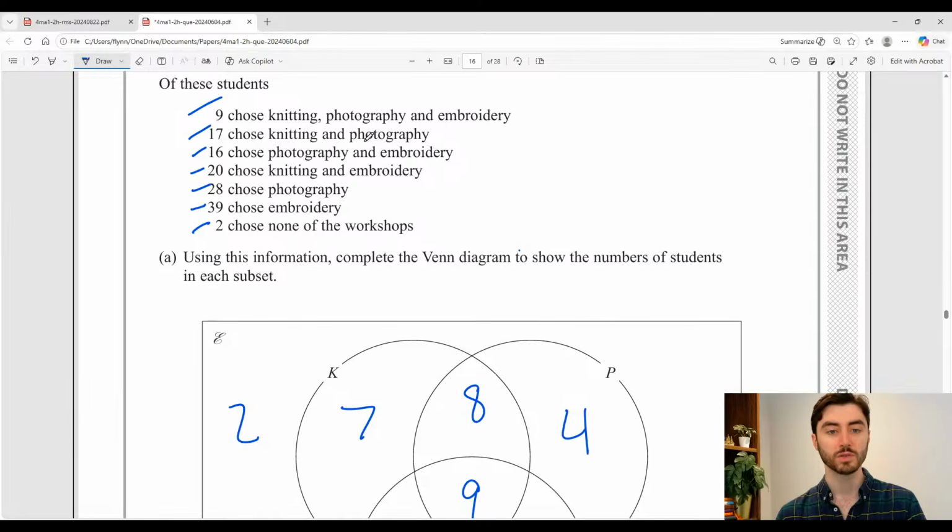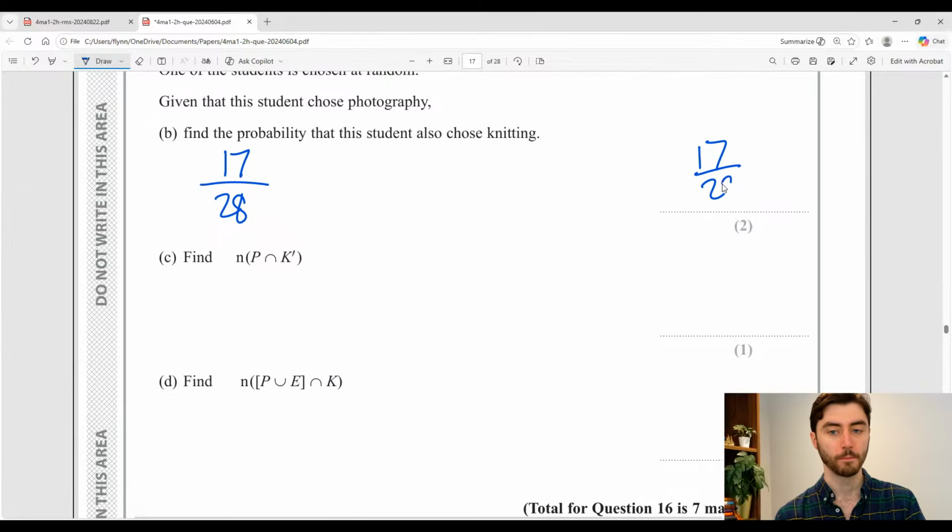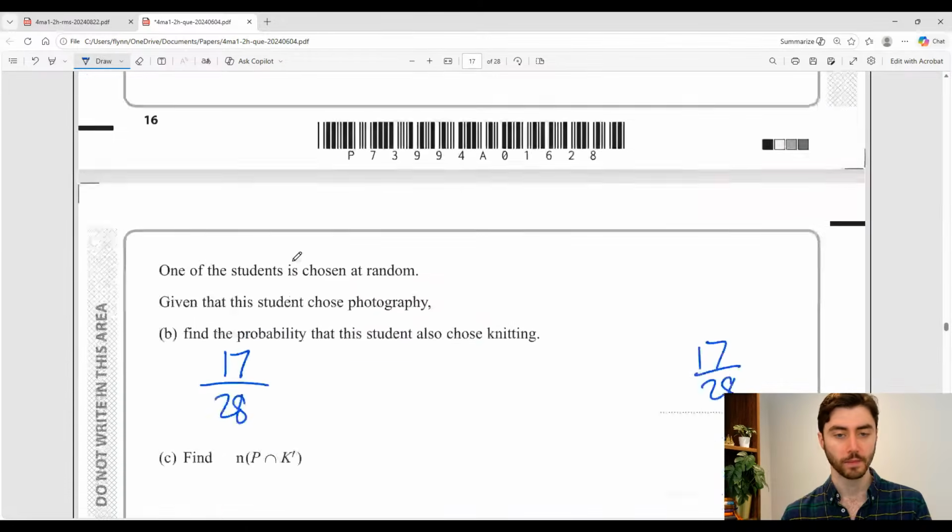So 17 chose knitting and photography, out of the people who took photography in total. Now this n here in the front means not the probability, but the number. So find the number of people who did photography and not knitting.